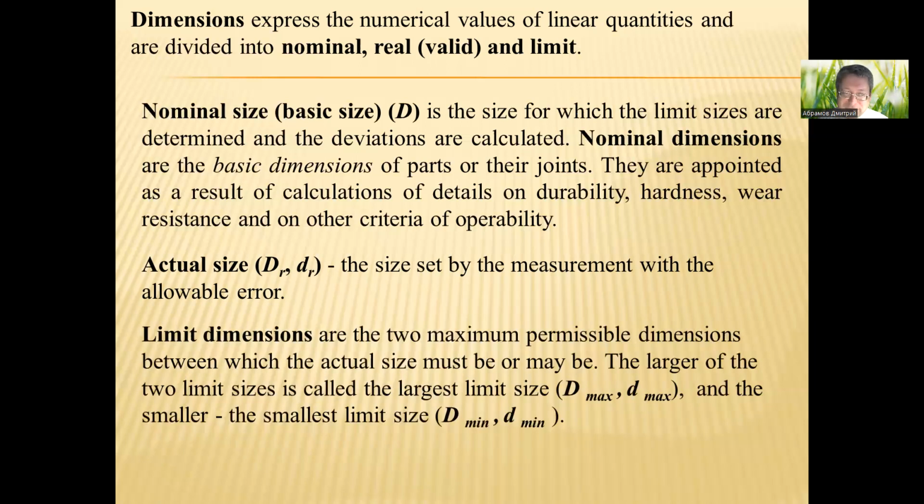The larger of the two limit sizes is called the largest limit size, D suffix maximum, and the smaller limit size, D suffix minimum. Big D we use for hole, small d we use for shaft.